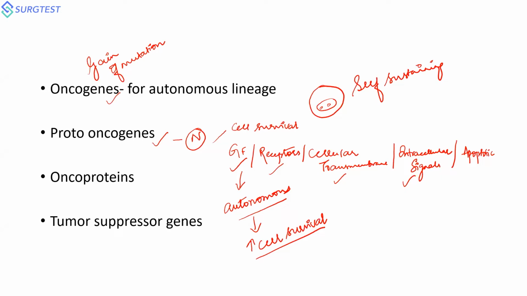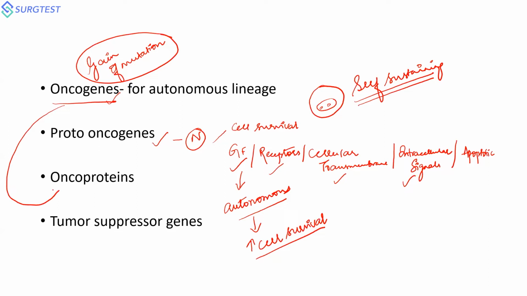But whenever these cells become hyper-functioning in the form of gain of function mutation, they go in for an autonomous cell survival and they make the cancer tissues self-sustaining, meaning they will not be subjected to cell death, or when their number decreases, the continuous proliferative signals will be generated by themselves instead of any other external input. Okay, now when we know what is an oncogene, we need to know what is an oncoprotein.